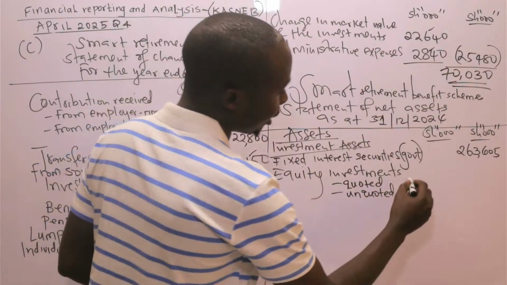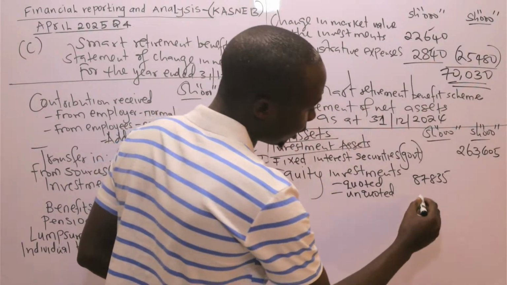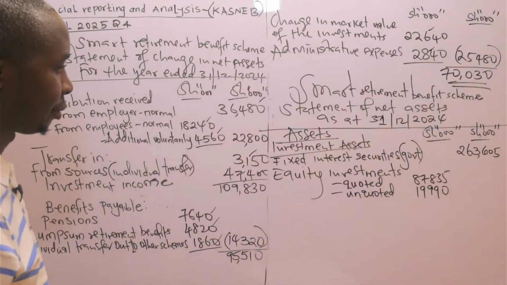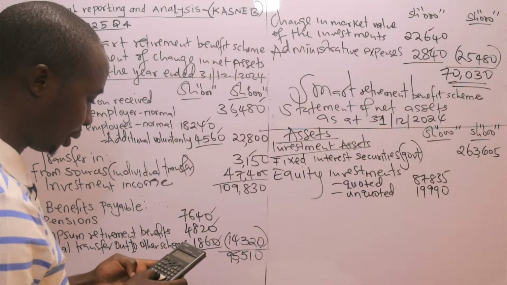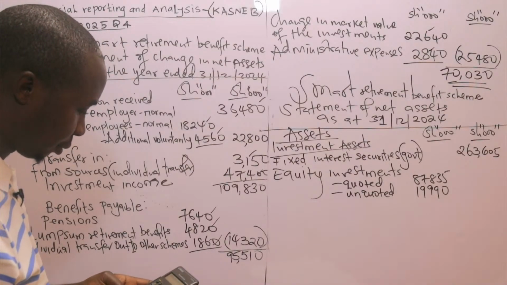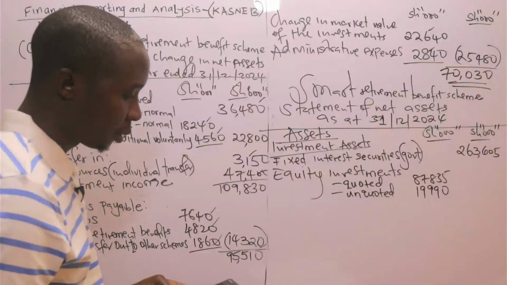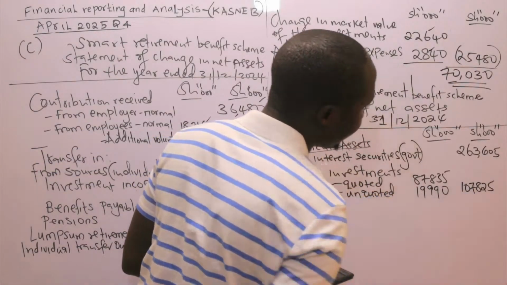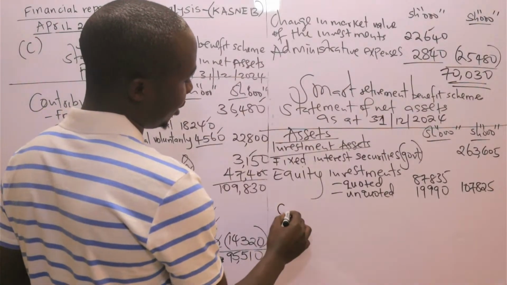For the quoted, I can see it's 87,835, and for the unquoted it's 19,990. So 87,835 plus 19,990 is 107,825.